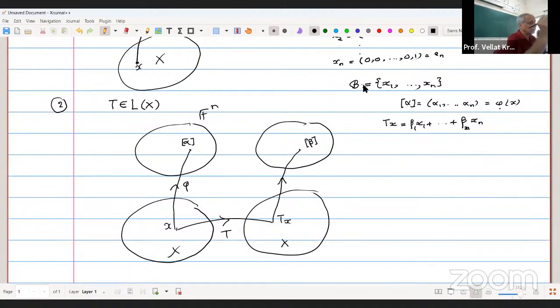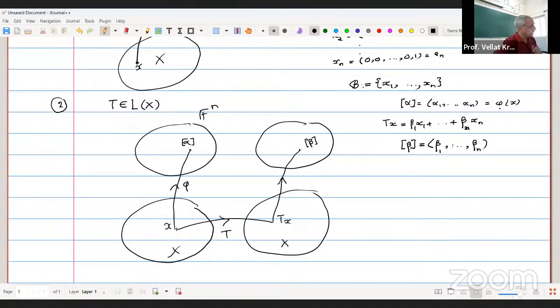So this is the unique representation that you have. And this can be written as the n tuple beta.